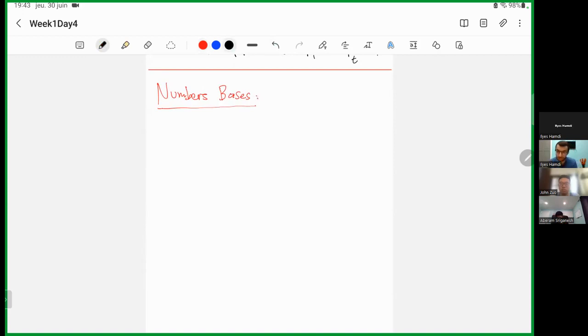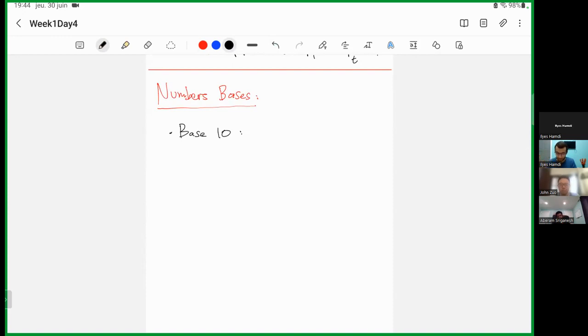Okay, so what we usually use is base 10, of course. This is the first thing I need to tell you: it's not about the numbers we use, because the numbers are just numbers, right? 1, 2, 3, 4 are just numbers, but it's the way of writing them that will change. The numbers will stay the same, of course.